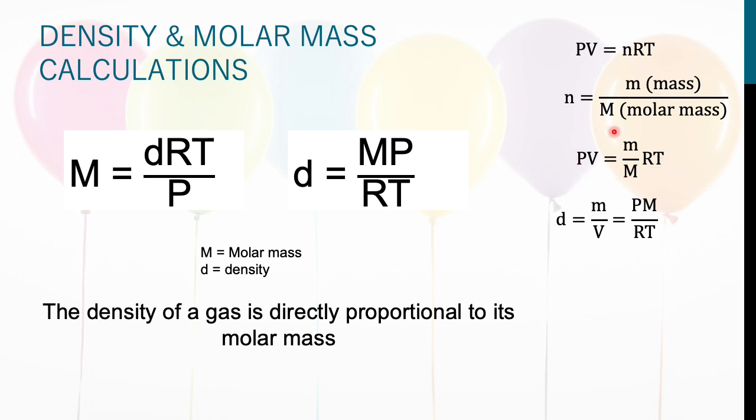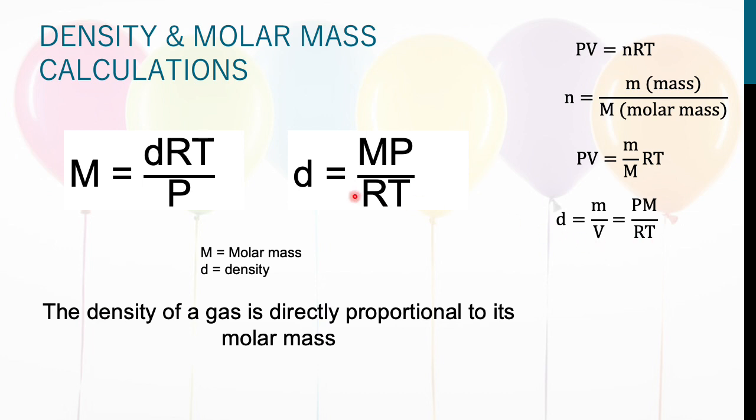So from here, m over V is the density. So when you rearrange this one, you will get PM divided with RT. P is the pressure, multiply with M the molar mass, divided with RT.